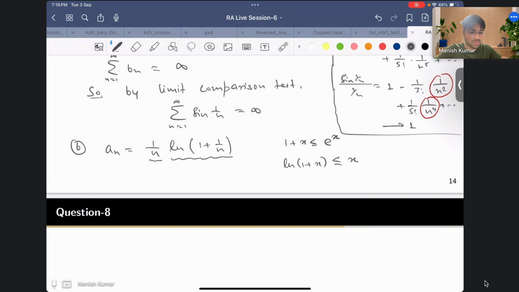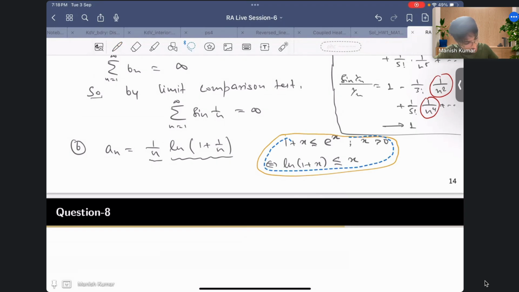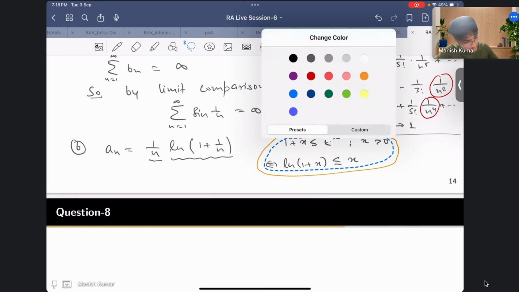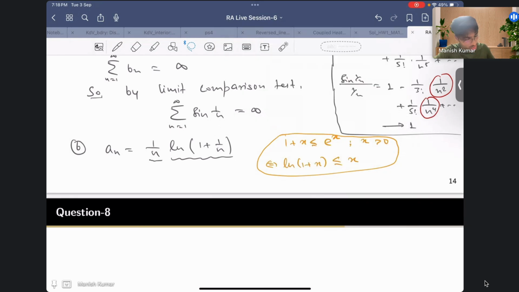First one you know, right? This is for x positive. Then from there you can just take log and you can get this. So these two are the same. Now, why I wrote this, because from here you can guess. So this is also less than or equal to 1/n.